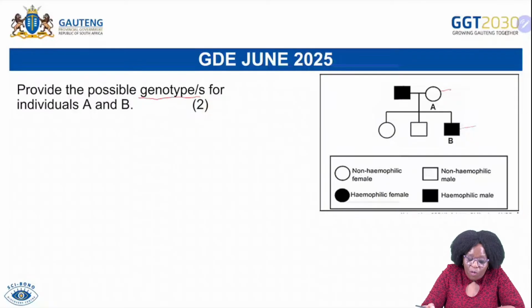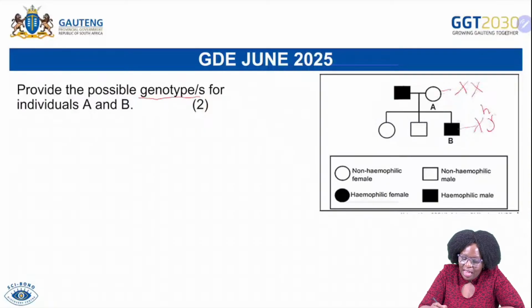So as we have worked it out, this is B and B is shaded. And you know B that is shaded must have only one X and a Y, because that's a square that is shaded and suffering from the condition, meaning that this one will have a small h. And A is a female, so before you even think twice, you write XX to show us that it's a female, but this female is not shaded. However, this female had given this child a dominant allele.